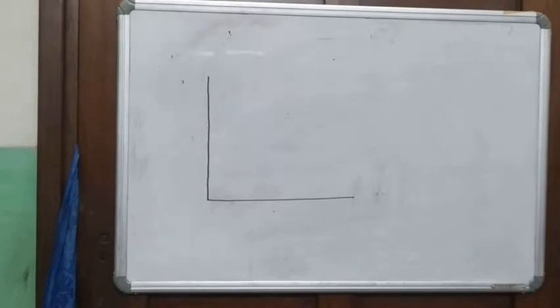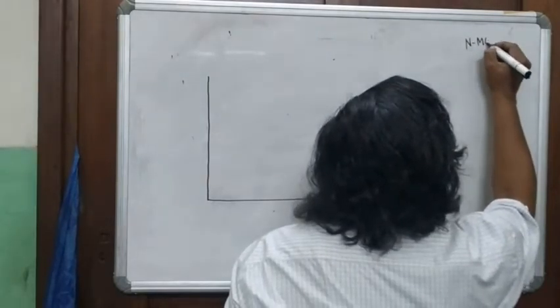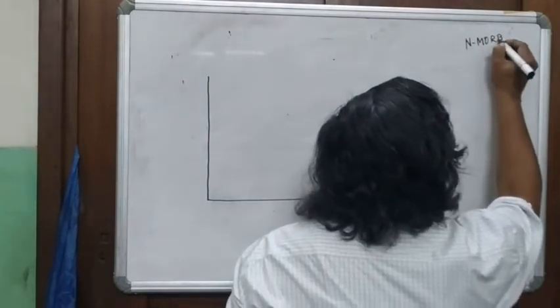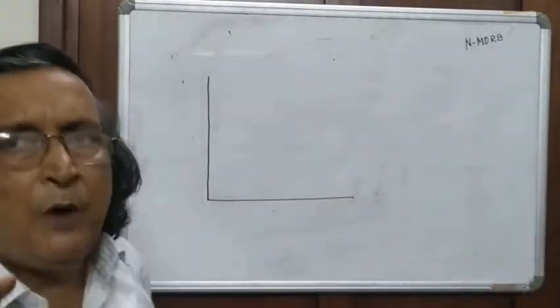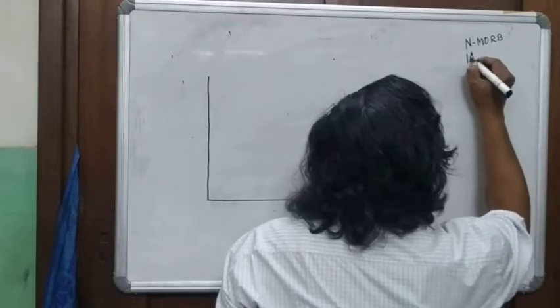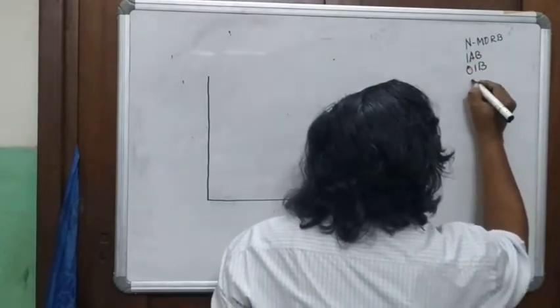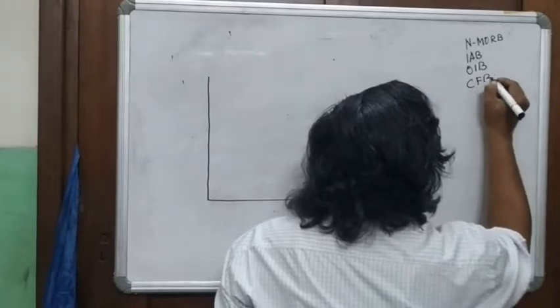Here I am trying to plot basalts of the earth. The most dominant ones are MORB. There are other types of MORB, but normal MORB is very dominant. Then you have island arc basalts, ocean island basalts, continental flood basalts.